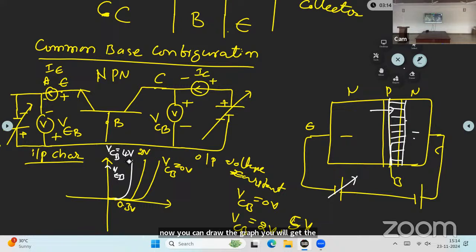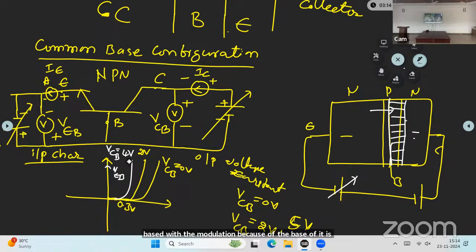So here, this is the 0 volts graph. For the 0 output voltage, the graph is this one, and for the output voltage of 2 volts, the graph is this. Compared to the 0 volts curve, the 2 volts curve is starting early. That effect is called the base width modulation, because the base width is modifying.